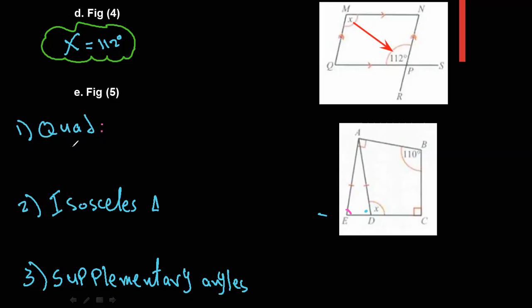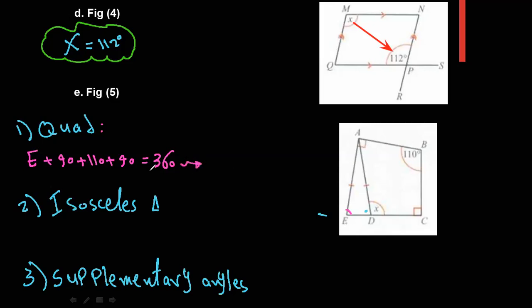Let's say the sum of the interior angles of any quadrilateral equals 360 degrees. Now I have the angle E, which I don't know, plus the angle A, 90 degrees, the angle B, 110, the angle C, 90, all of that should be 360 degrees.